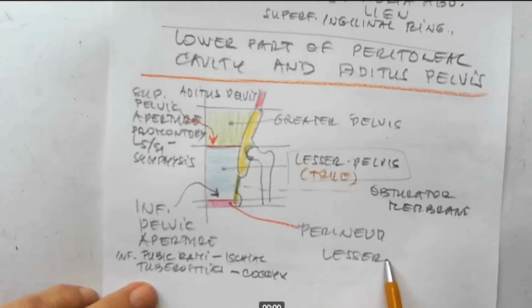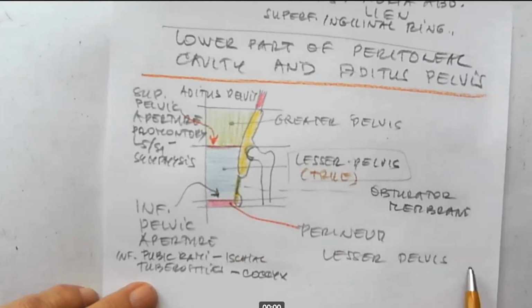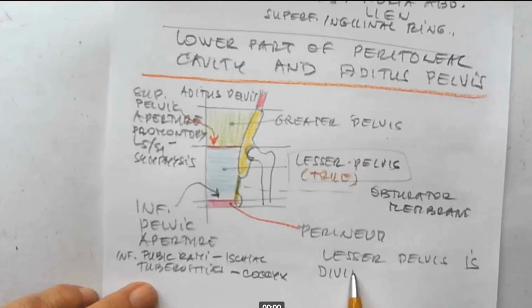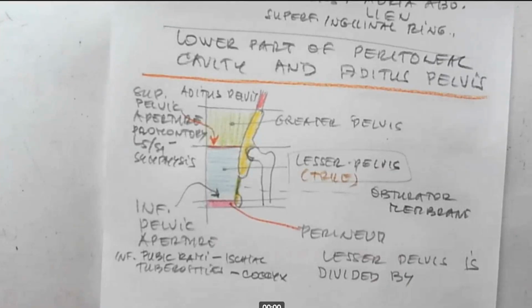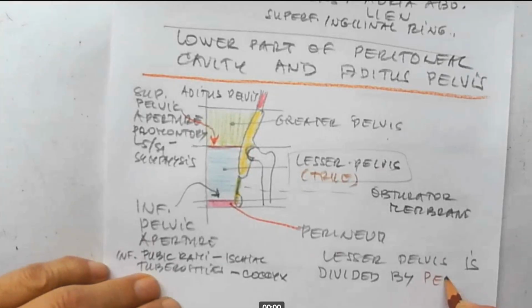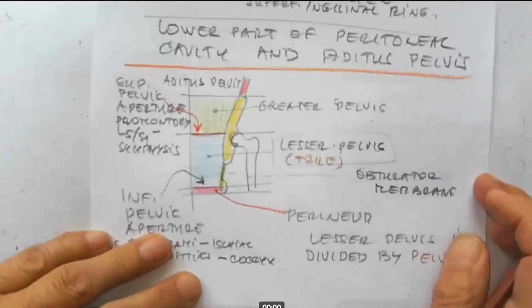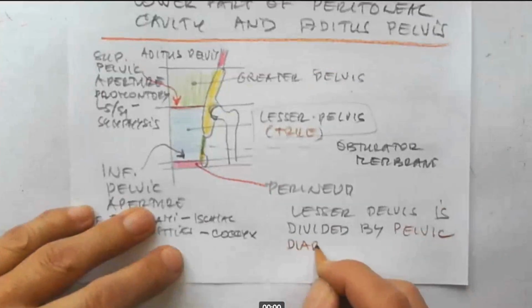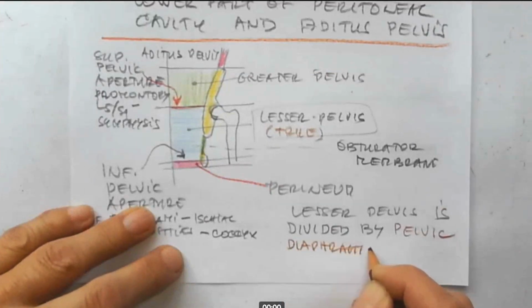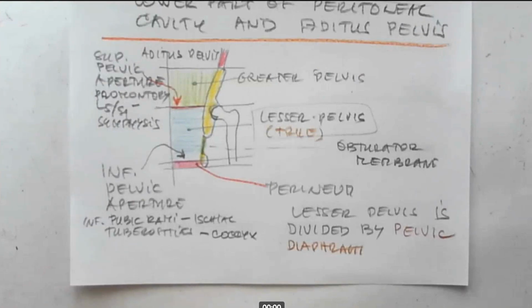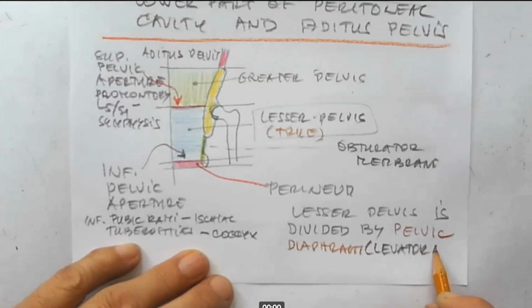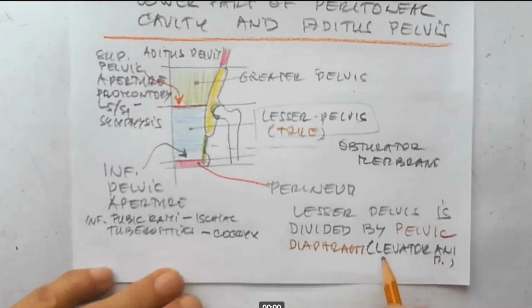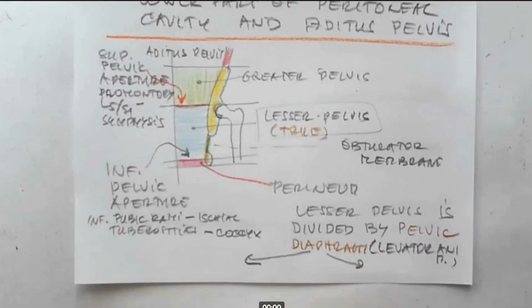Lesser pelvis is divided by the muscular wall called pelvic diaphragm, which is in fact the levator ani muscle, into two portions.